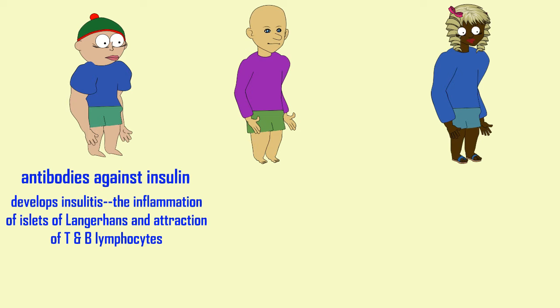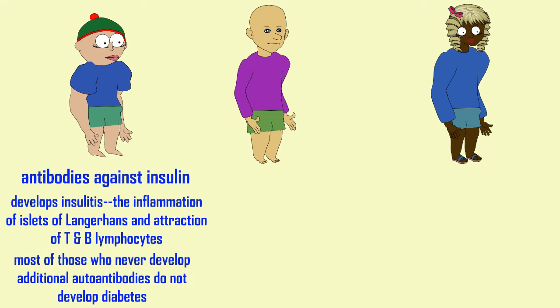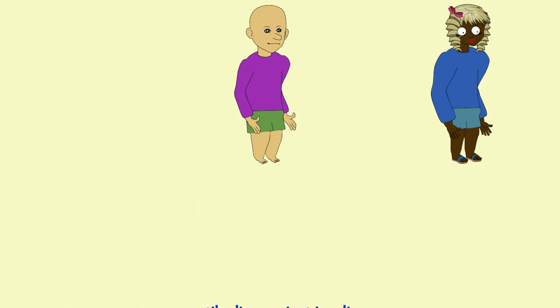However, the disorder need not progress any further. And if these are the only autoantibodies that this individual makes, they will probably not develop diabetes. Most of those who do not develop additional antibodies, only one set of anti-self antibodies, will not develop diabetes.